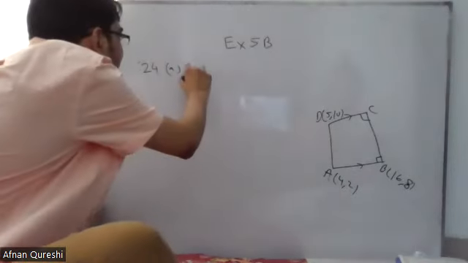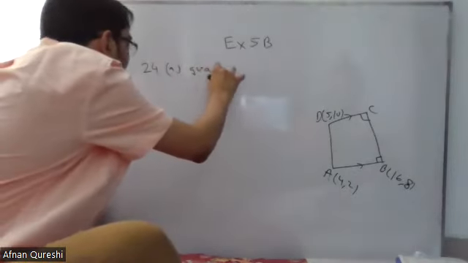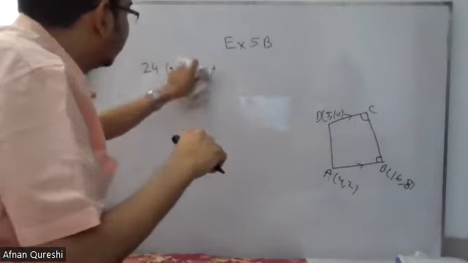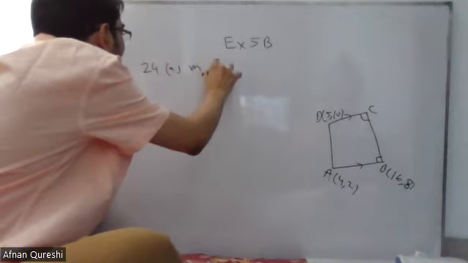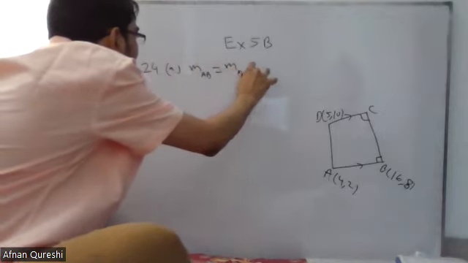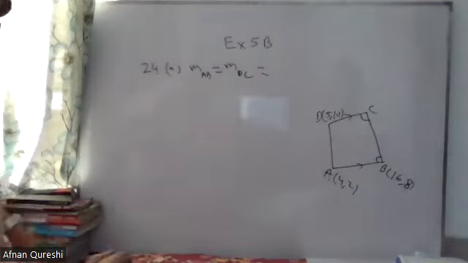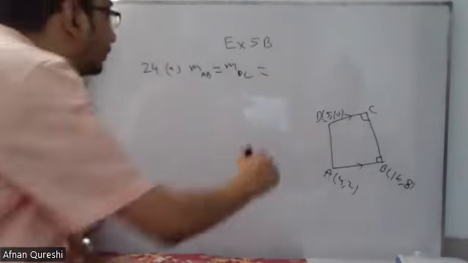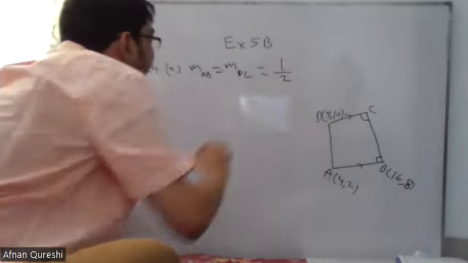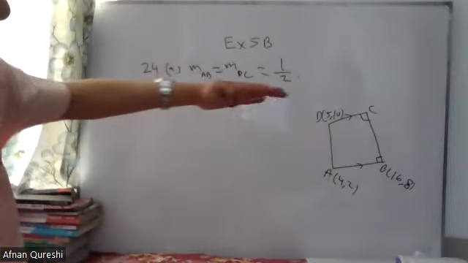So what is the gradient of AB? I can write it in short like this: gradient of AB is equal to gradient of DC. You can just do y2 minus y1 over x2 minus x1. So this comes as half. So you know the gradient of DC and you know a point.